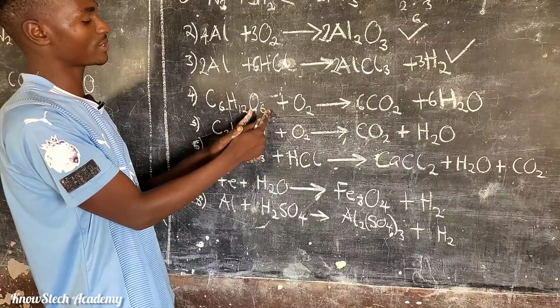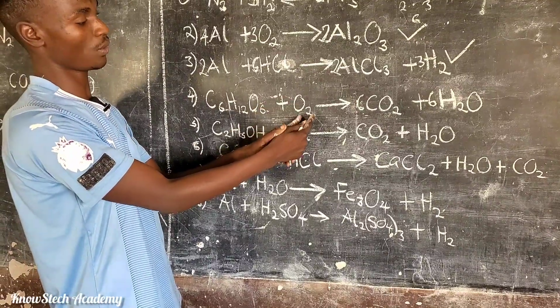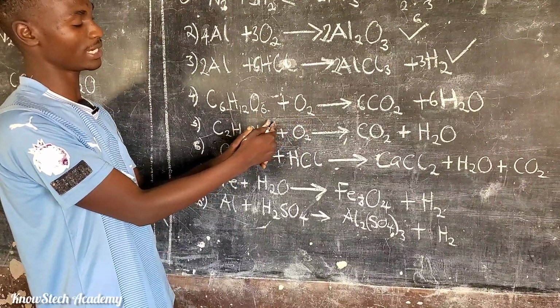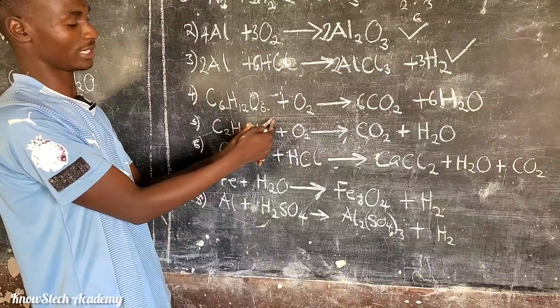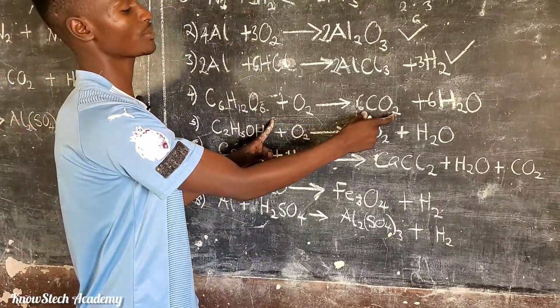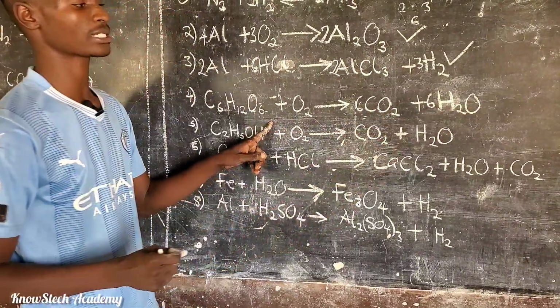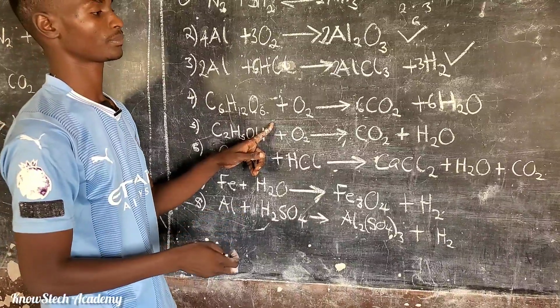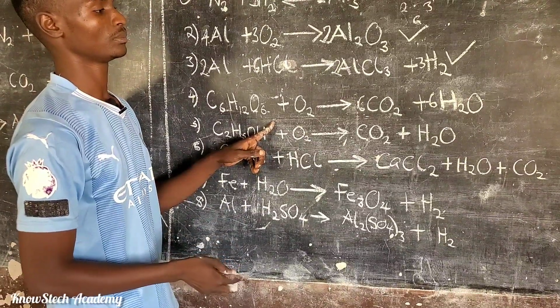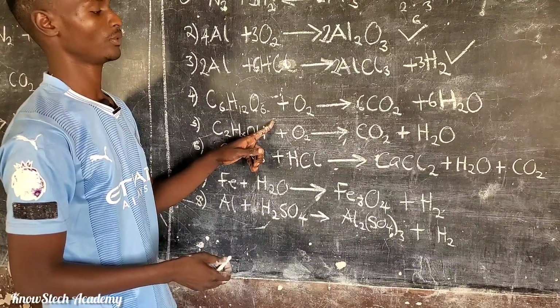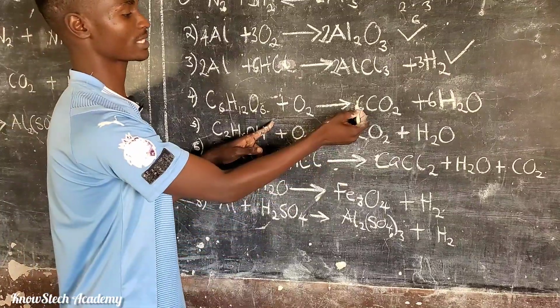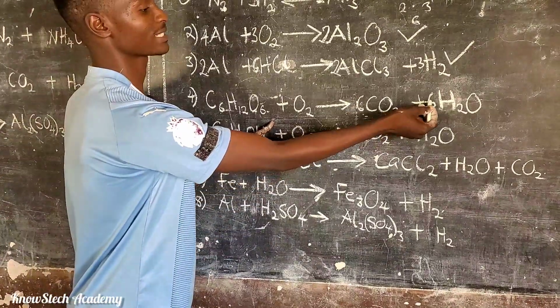Now, oxygen we have 6 plus 2 on the reactant side, which is 8, right? We have 8 on the reactant side. Now, how many atoms of oxygen do we have on the product side? We have 18, right? So you have 6 times 2, 12 plus 6.